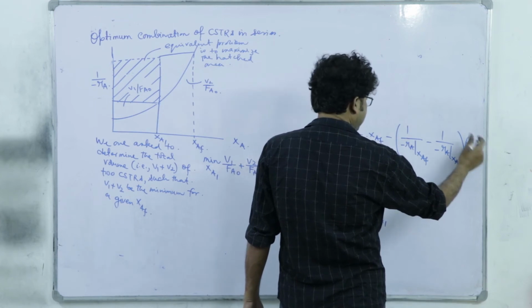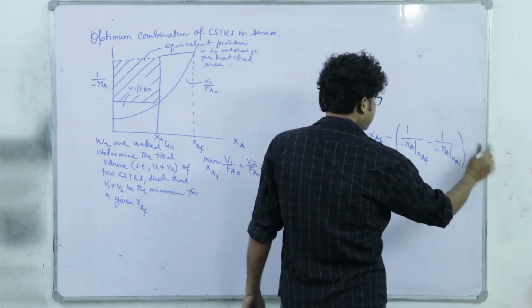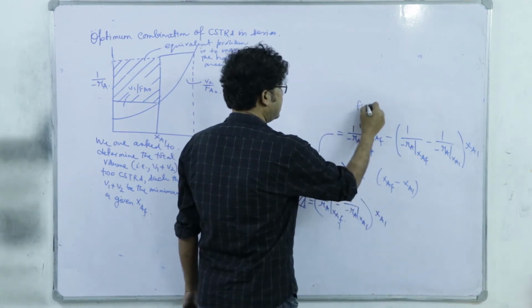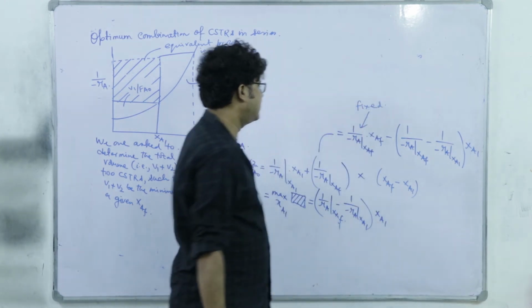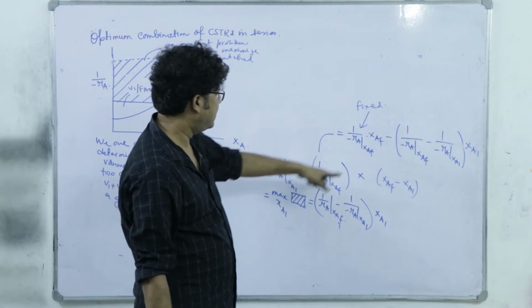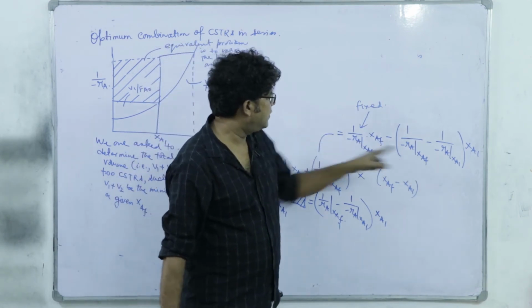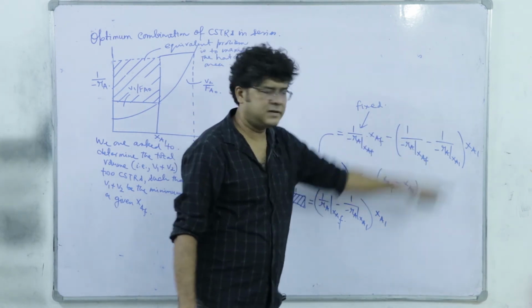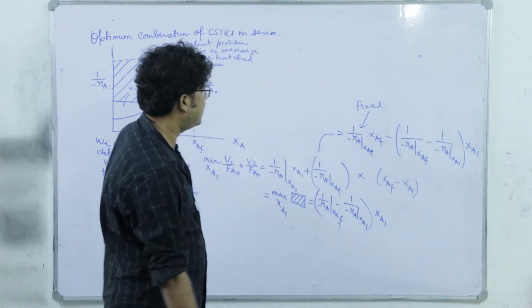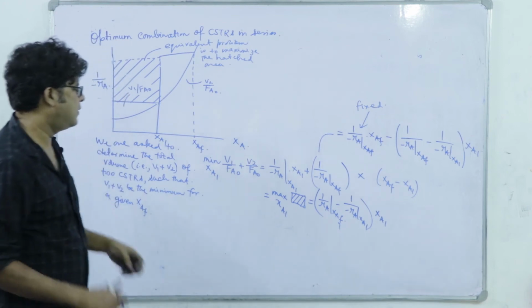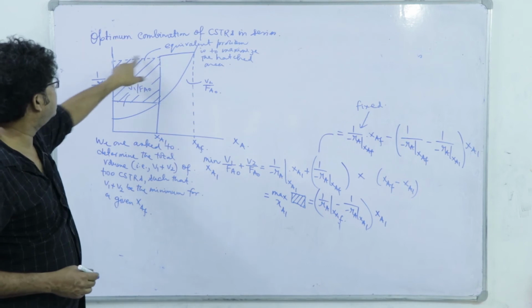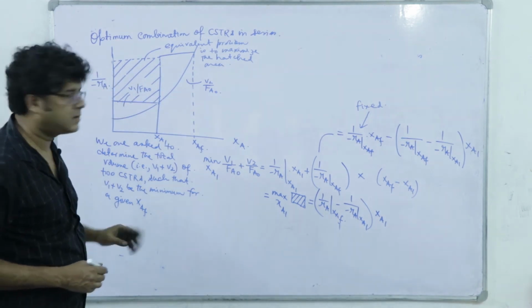Yeah, Xa1. So, this area is fixed, right, it is independent of Xa1. So, there is a minus sign. So, minimizing this quantity is equivalent to maximizing this quantity. So, that is the mathematical implication of what we were trying to discuss. So, here we are trying to maximize this area, correct.